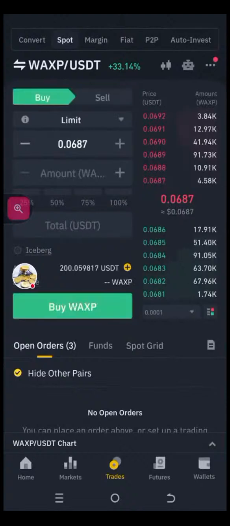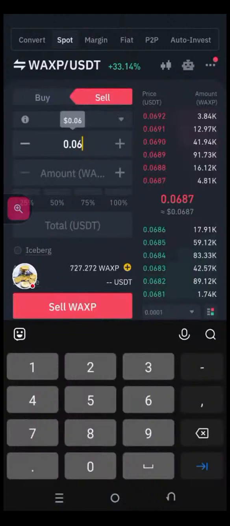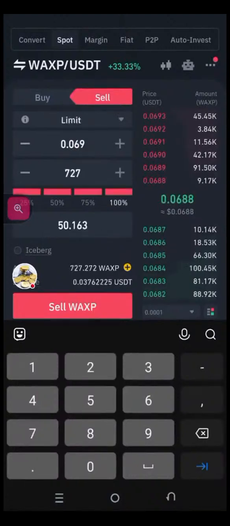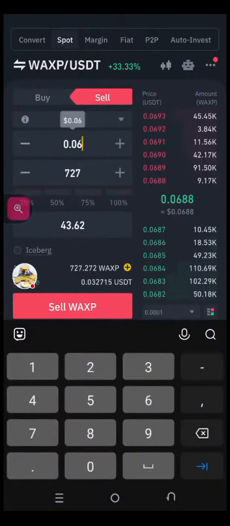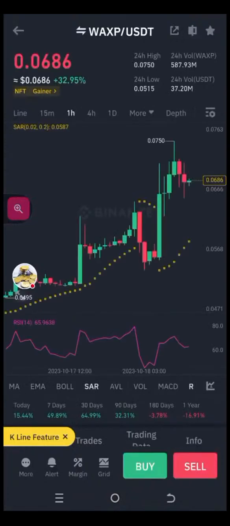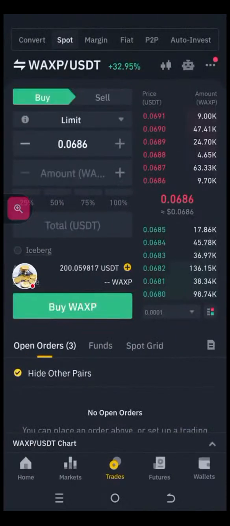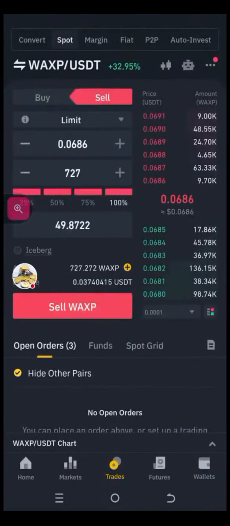Let's change this to 6.9. Let me just see what 6.9 will give me first, and then I'll pick 100%. Oh, no, not 6.9. What was the next one? 7.5. Let's even see, will we make profit if we're here?